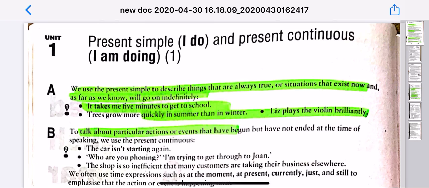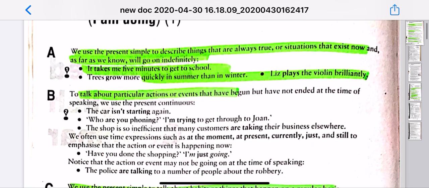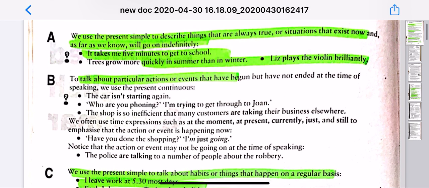So, these are few examples of simple present tense, and if I have to add on few more examples in this category, I will add it takes me 15 minutes to get to school, that is my routine. Then trees grow more quickly in summer than in winter.